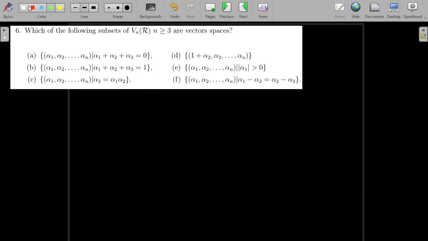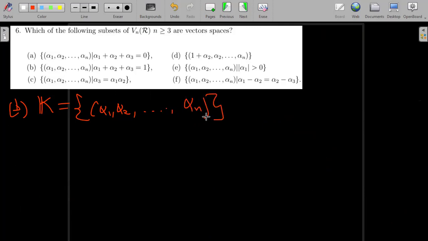Okay, let's look at B. So B, let's say our vector space is K. So K is equal to alpha 1, alpha 2, dot dot dot, alpha n, such that alpha 1 plus alpha 2 plus alpha 3 is equal to 1.